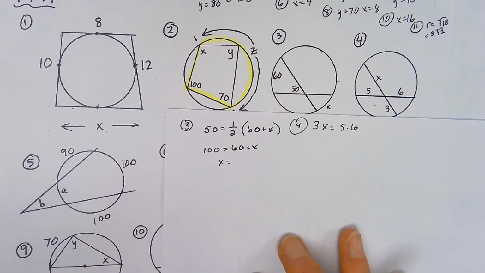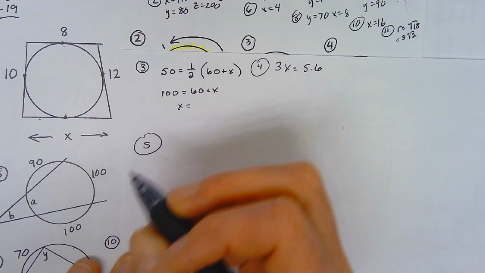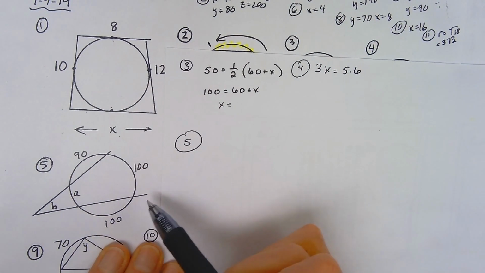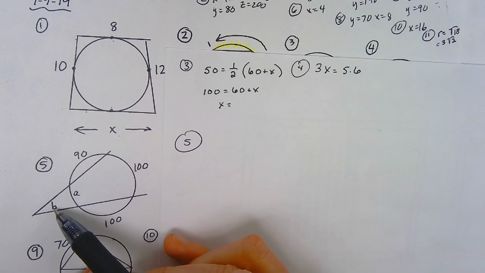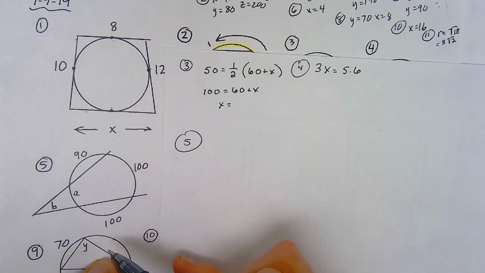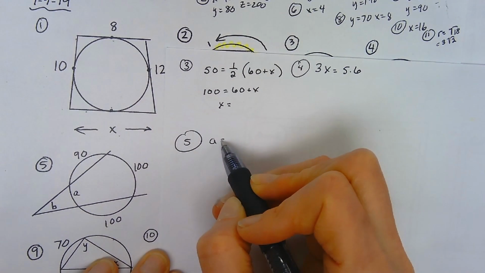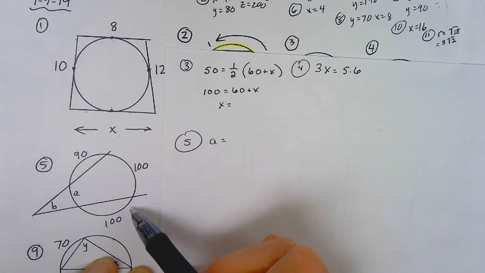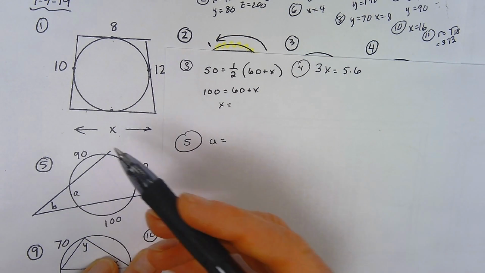Number 5. Angles that are formed outside of a circle, in this case by two secants, are equal to 1/2 the difference of the two intercepted arcs. In order to find A, however, we can use the idea that the measures of the arcs add up to the entire circle of 360 degrees.